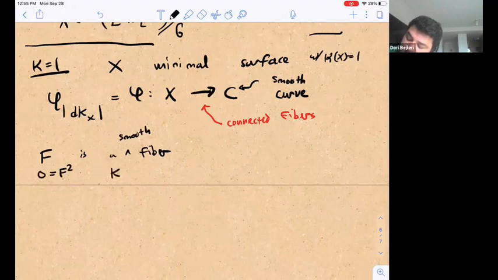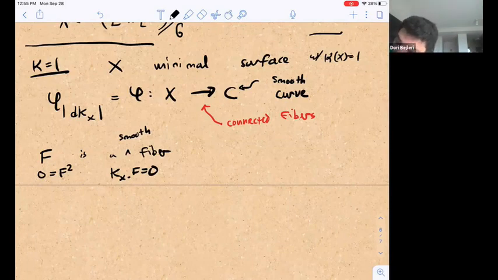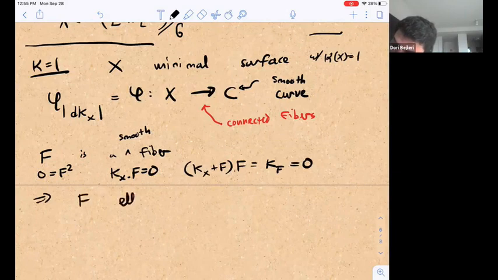And also Kx dot F is 0 because this phi is a pluricanonical series, so by this base point freeness property, the canonical of F is also 0. So F has to be an elliptic curve. And so this phi is an elliptic fibration.